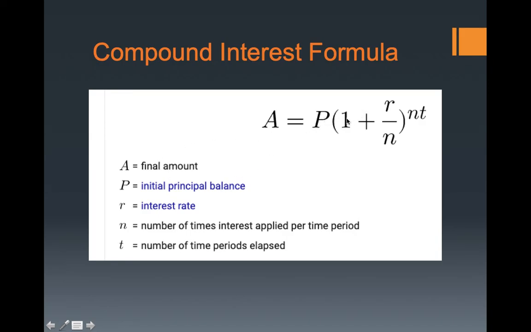That 1 is standard. R is going to be your interest rate as a decimal. N is the number of times interest is applied per time period, so per year or per day. So this will either be 12 or 30 typically. And yet again, that same number will go there. And then the number of time periods: 36 months, 48 months, 24 months, 12 months, whatever it is.